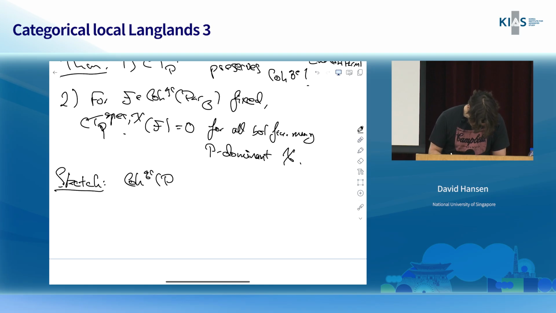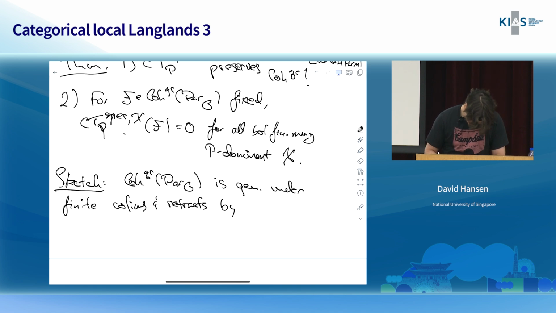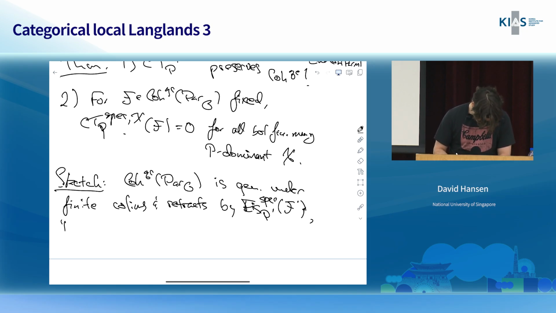co-QC of the parameter stack for G is generated under finite colimits and retracts by sheaves of a very special flavor, namely sheaves of the form Is P prime spec of F prime. Here P prime is a standard parabolic.